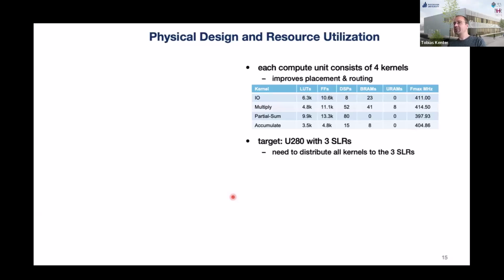And then when we target the U280 with 3 SLRs, we need to distribute all the kernels to 3 SLRs. We cannot put all the I/O kernels in SLR 0 and all other kernels in the other SLRs, because of the balance of resources used. Since each kernel has its individual balance, we need to distribute all the kernels to the chip.